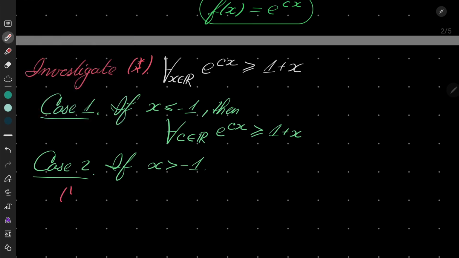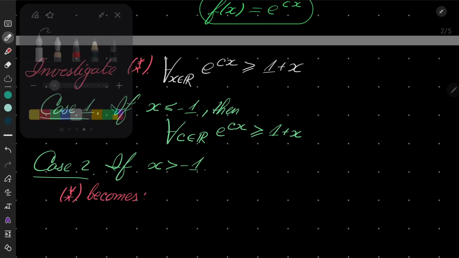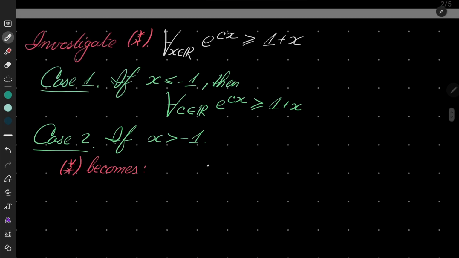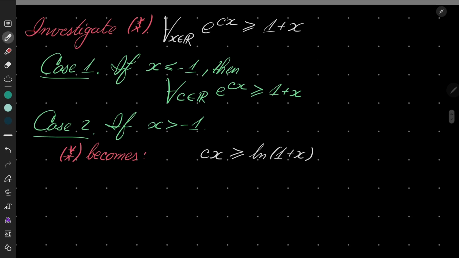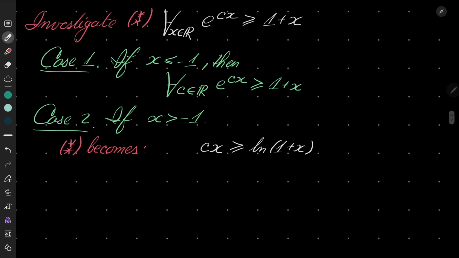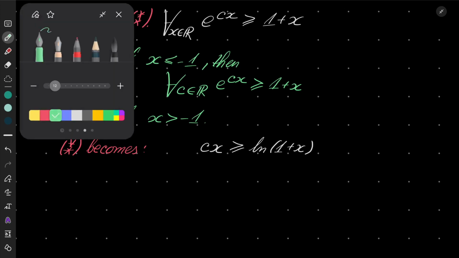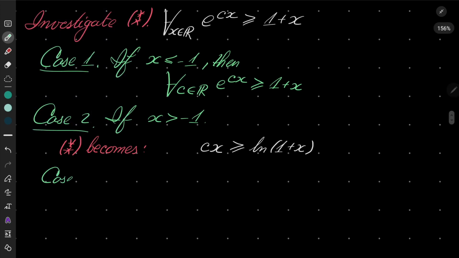So double asterisk becomes: c times x should be greater than or equal natural log of 1 plus x. And then now we have two subcases. I want to divide by x, but I can't without further assumption. So I have subcases.